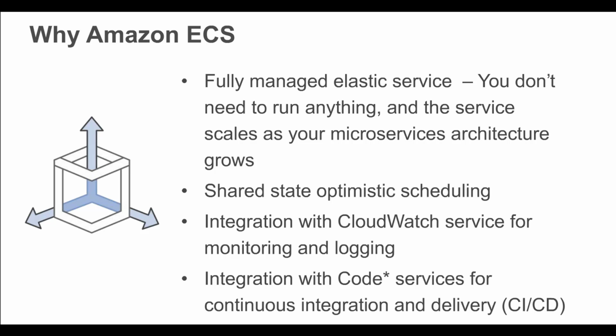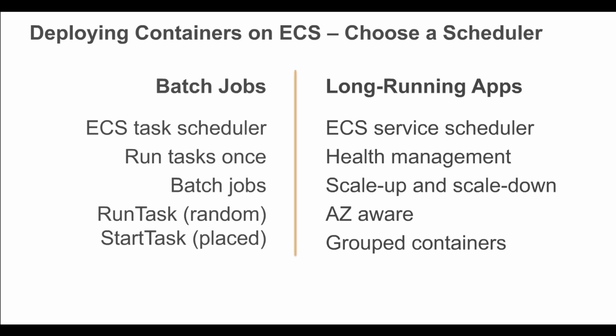The toolbox provides you everything out of the box that you need to deliver the best experience of microservices on the AWS platform. Amazon ECS also uses shared-state optimistic scheduling to schedule the resources needed for these microservices. And finally, Amazon ECS integrates deeply with AWS services, which we will talk about in detail when we go through the 12-factor app pattern.